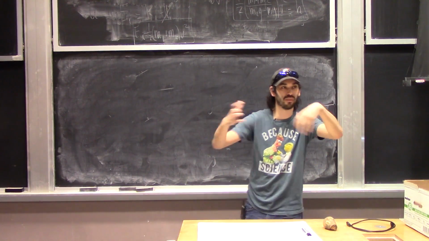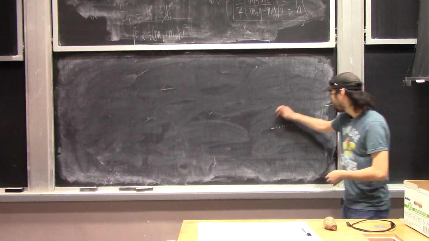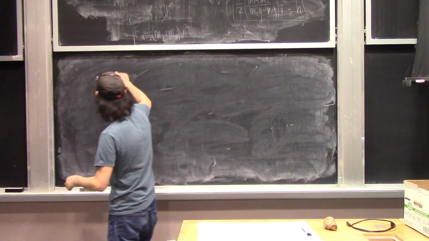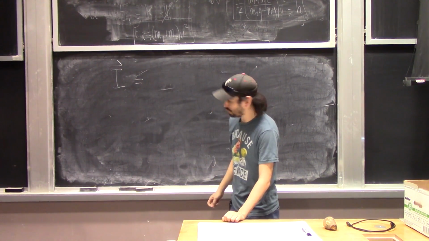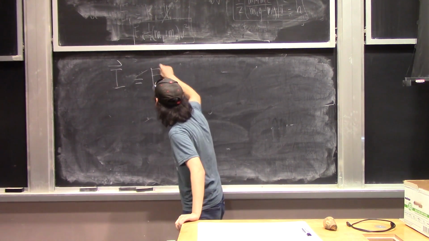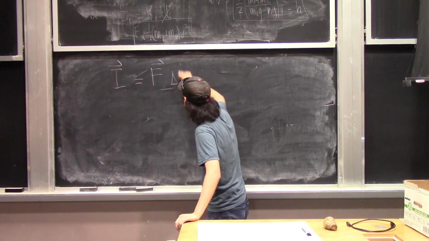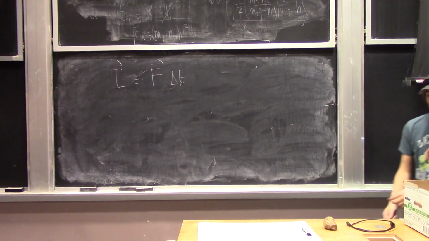And that's what draws us back to discussion of Newton's laws. So what we can define in terms of momentum that relates to the force is what's called impulse. The impulse is defined to be the force acting on an object times the time over which that force acts.